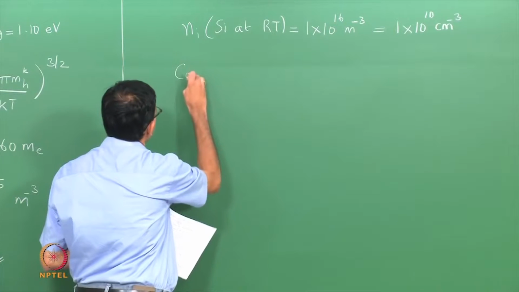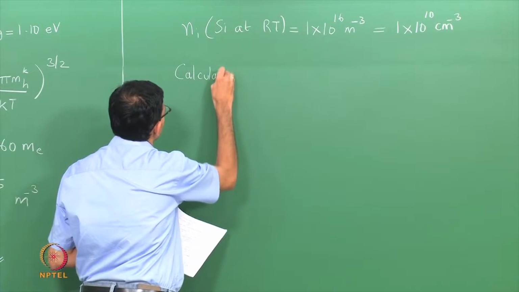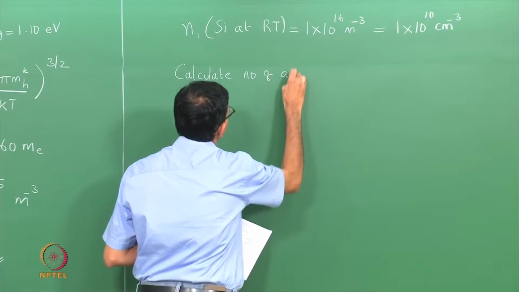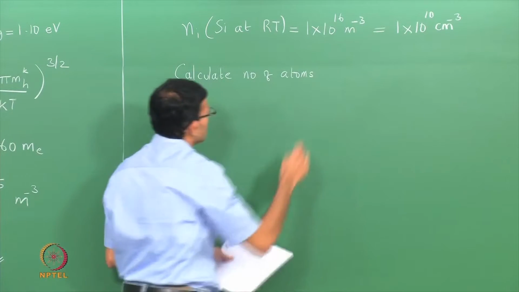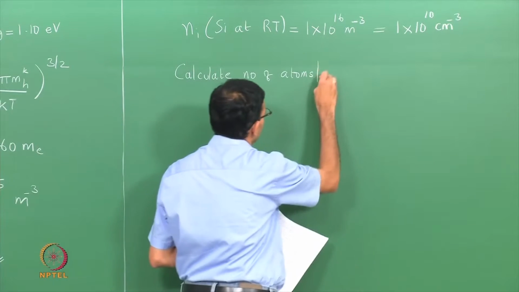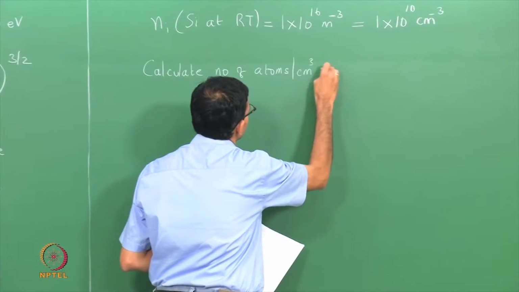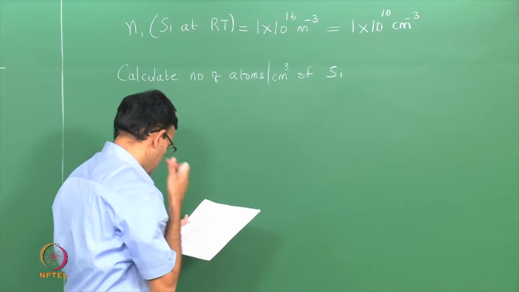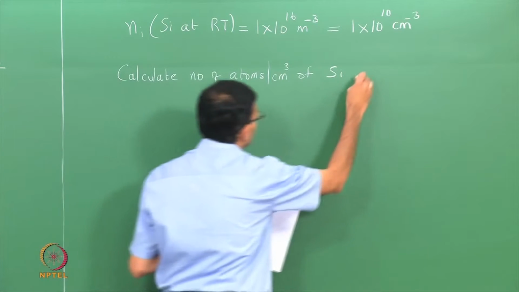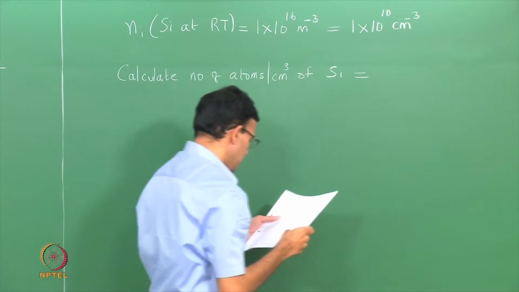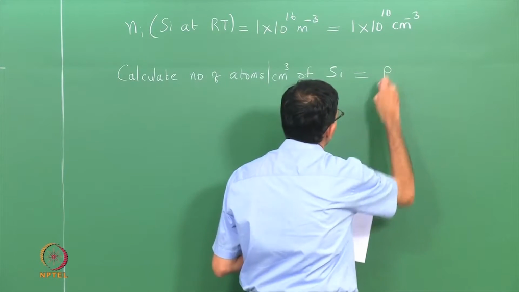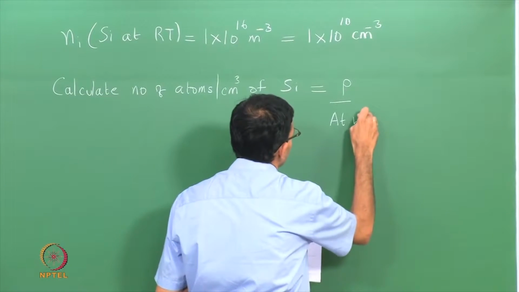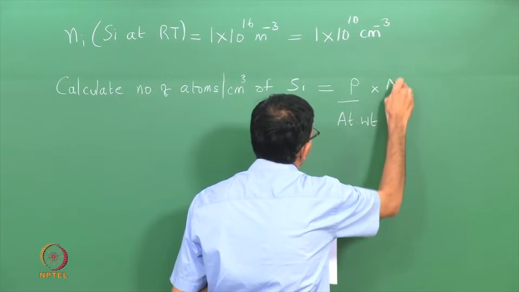So, let us calculate the number of atoms per unit volume, so per centimeter cube, of silicon. This is nothing but the density of the material rho divided by the atomic weight times Avogadro's number.